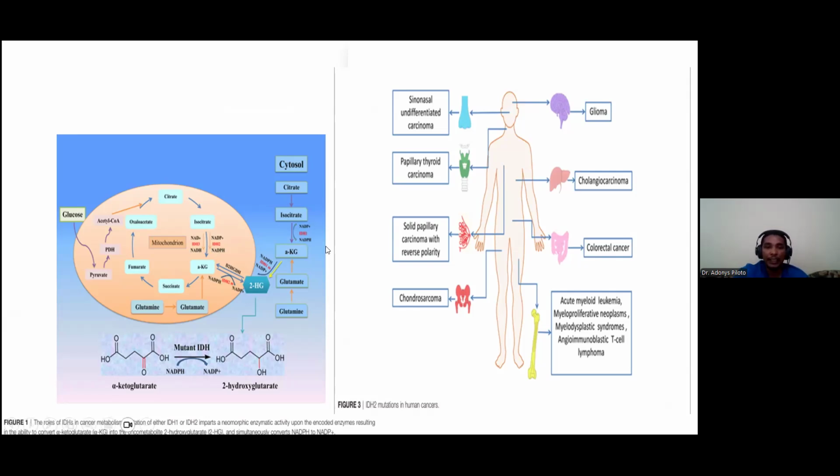IDH is isocitrate dehydrogenase, an enzyme that converts isocitrate to alpha-ketoglutarate in the Krebs cycle.